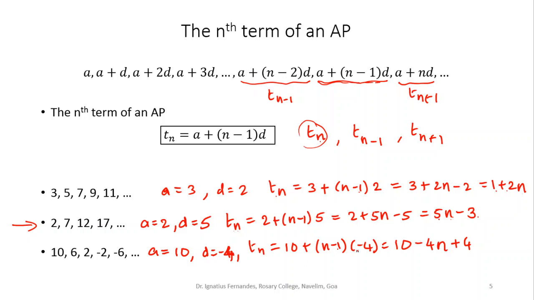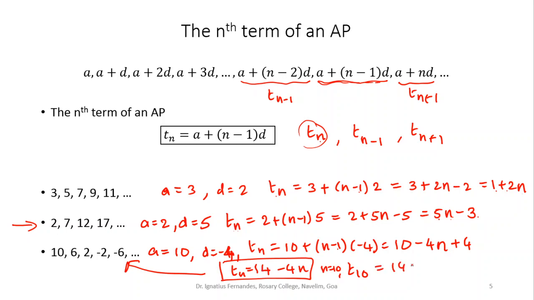So what you get is 10 plus 4 is 14, 14 minus 4n. So this you can say is the nth term of this arithmetic progression. If you want to find out a particular term, say the 10th term, you have to put n equal to 10. So T10, that is the 10th term, will be 14 minus 4 into 10.